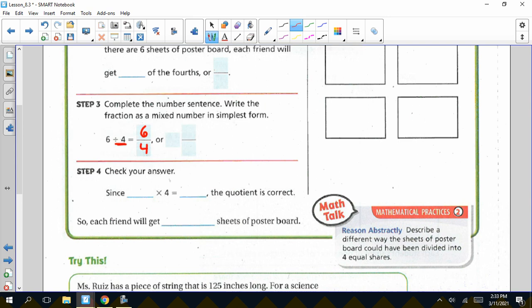So 6 divided by 4 is just 6 over 4, and when we TIBO that, we should get 1 2/4, which we know is equivalent to 1 1/2. Each person is going to get 1 1/2 of a poster board.